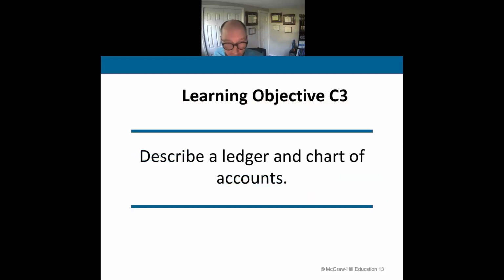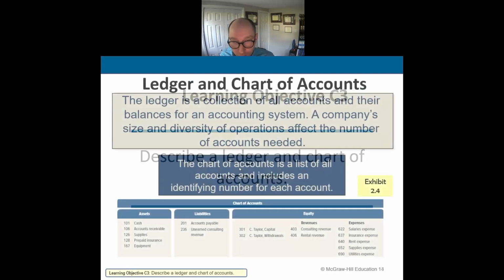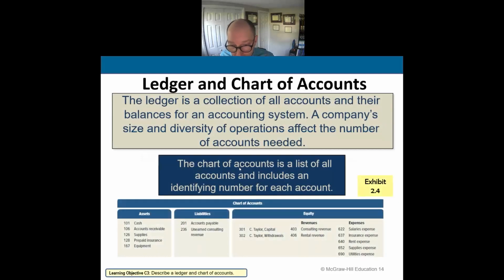Okay, earlier I mentioned the chart of accounts. The chart of accounts is a list of all accounts that the company utilizes in the order of liquidity, and we'll talk about that when we get closer, but I just want you to understand what the chart of accounts is. The ledger is where we record our transactions for each account. So let's take a look.